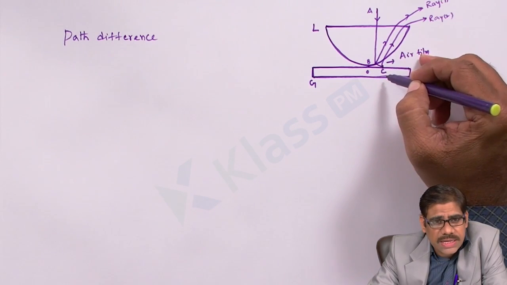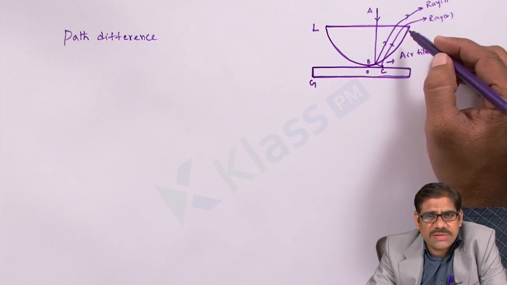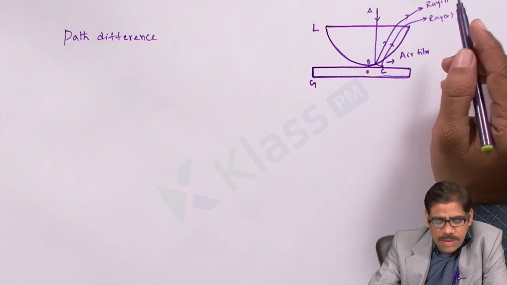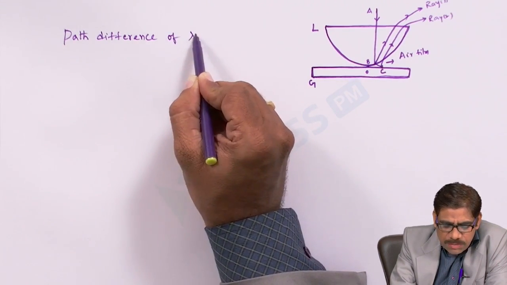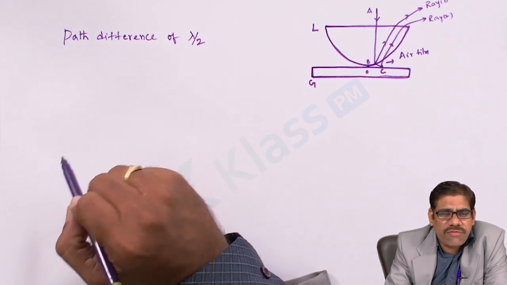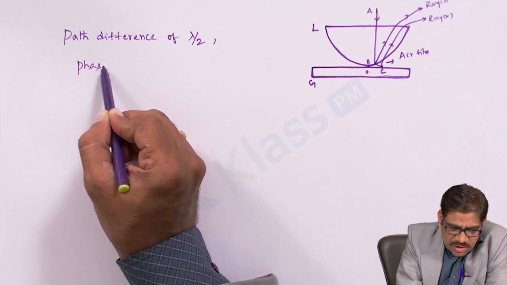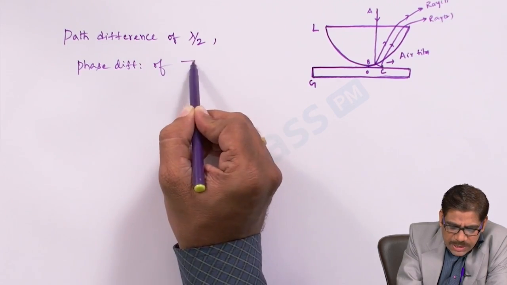Whereas for ray 2, once it is refracted and then reflected to form ray 2, it undergoes a path difference of lambda by 2 and a phase difference of pi.